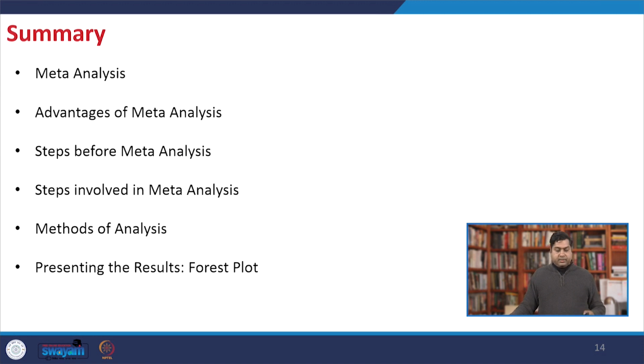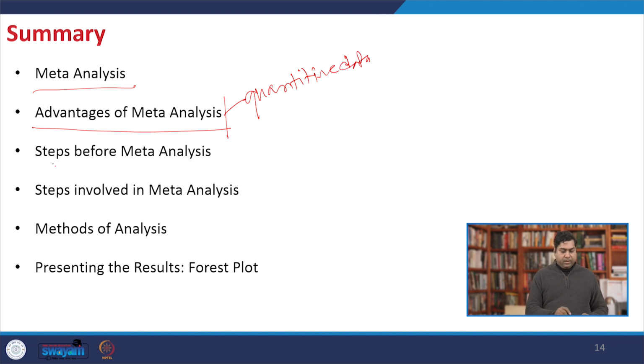To summarize, we discussed what meta analysis is, then the advantages, and that it is normally very effective for quantitative data. Then the steps before that: you have to select the papers that you require, so you also need to take the help of systematic literature review and PRISMA.